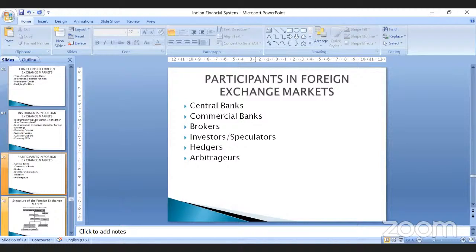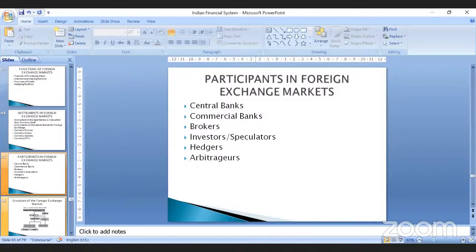Who are arbitrators? They are the intermediaries who buy and sell the same currency in two different markets. There are multiple time zones and multiple markets operating simultaneously when it comes to foreign exchange markets.